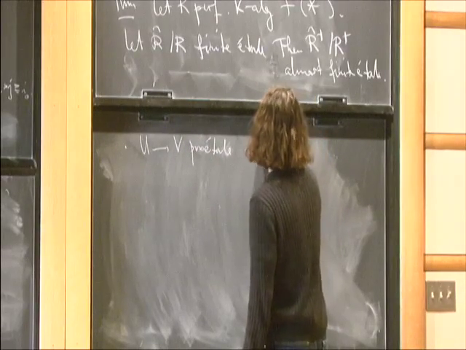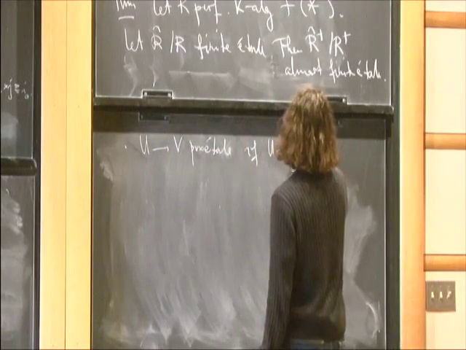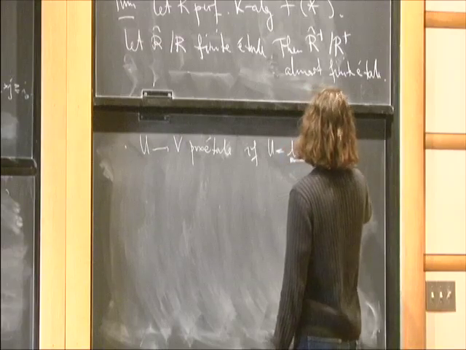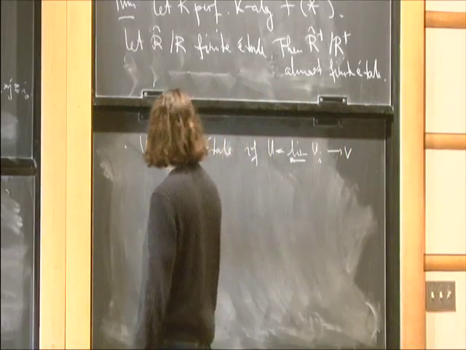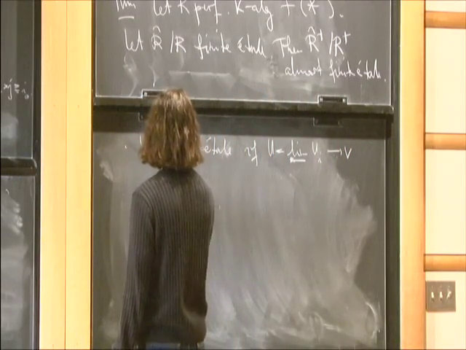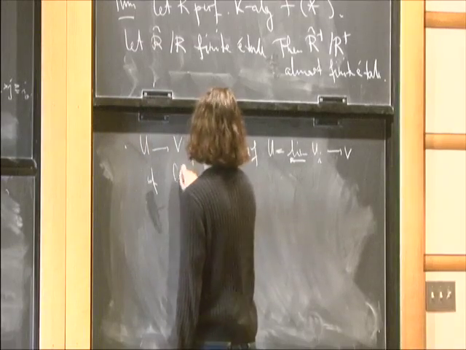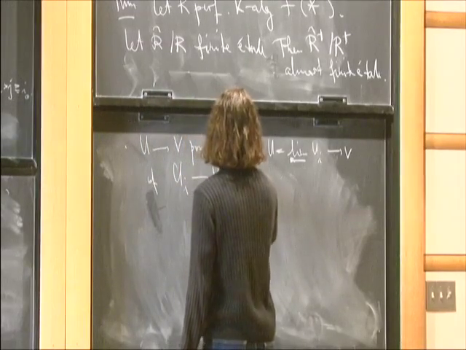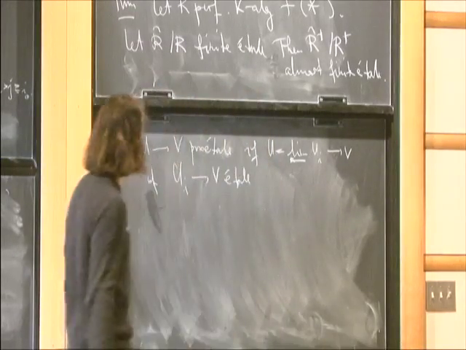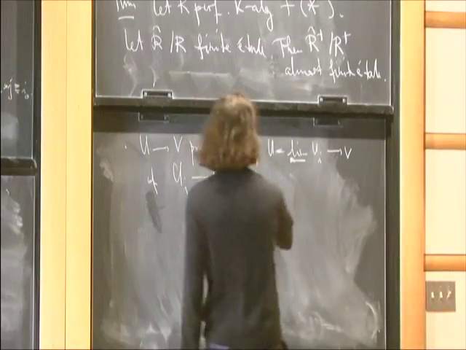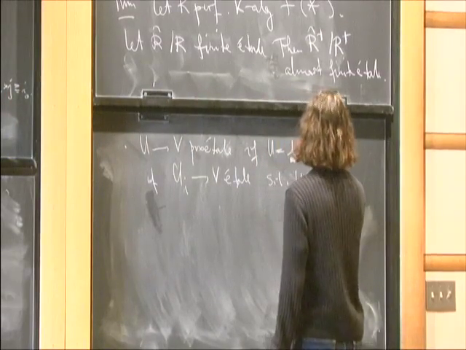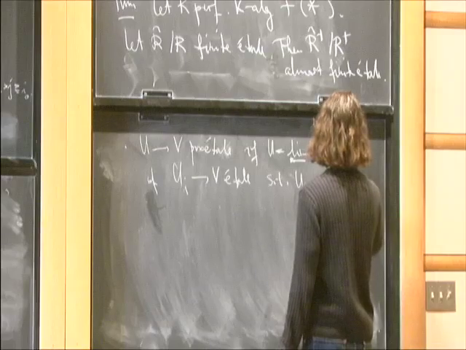So if U is the inverse limit of U_i to V of maps which are étale and such that they are finite étale surjective for large i.